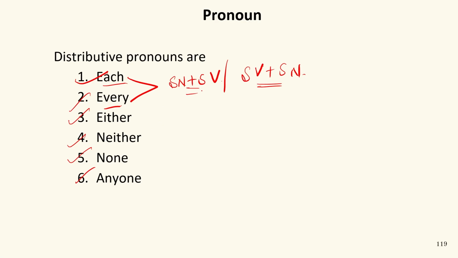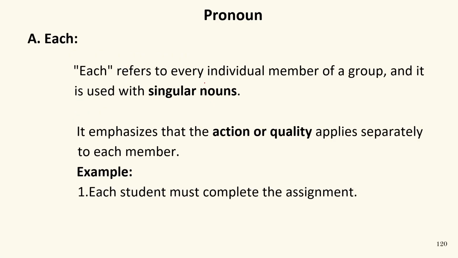Each refers to every individual member of a group and it is used with singular nouns. It means whenever we use each, it should be followed by a singular noun and singular verb only. It emphasizes that the action or quality applies separately to each member.